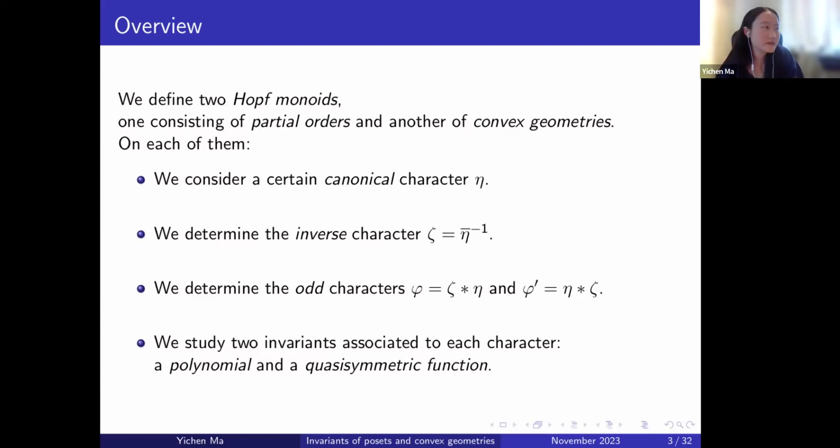I also have a different description, a cancellation-free formula for posets. The coefficient of the antipode corresponds to the cover relations in the partial orders. But for convex geometries, we don't know. We know the general expression by Takeuchi's formula, which helps us compute any antipode, but this is very general, so we don't know what the cancellation-free formula is for convex geometries.